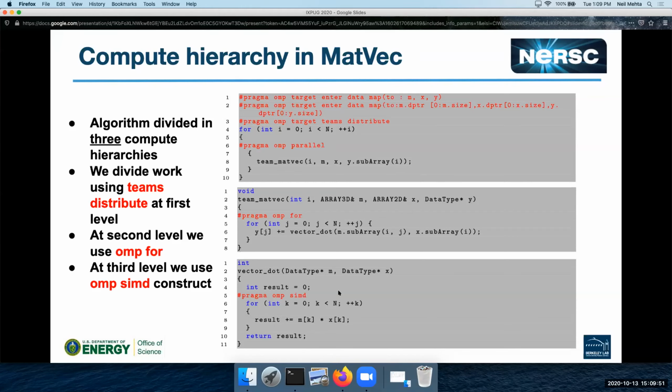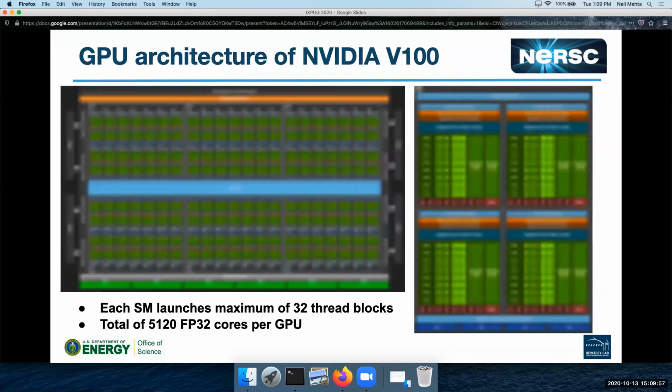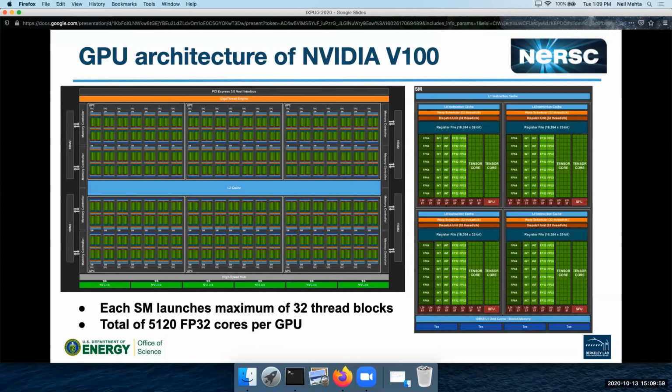Now, before I go on to describe the performance and the profiling results that we have on these two devices, it's better to take note of the difference in the GPU architecture. What I've shown here is the architectural diagram of NVIDIA's V100. On the first compute hierarchy level, it has something called an SM, or streaming multiprocessor.